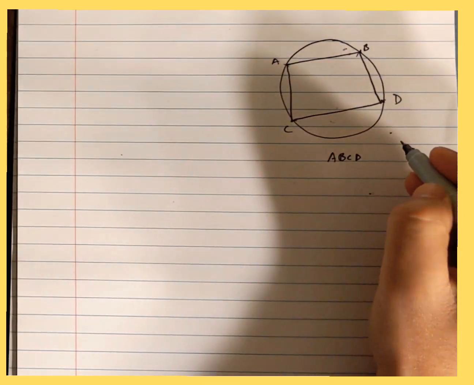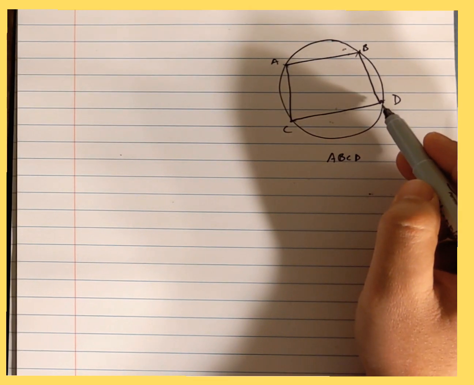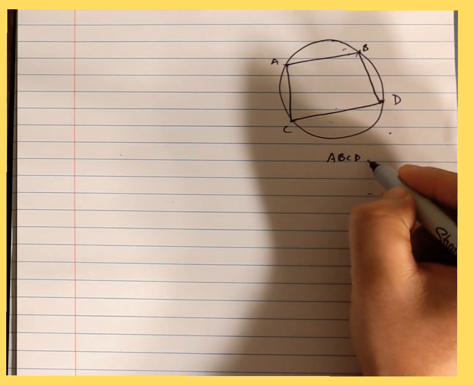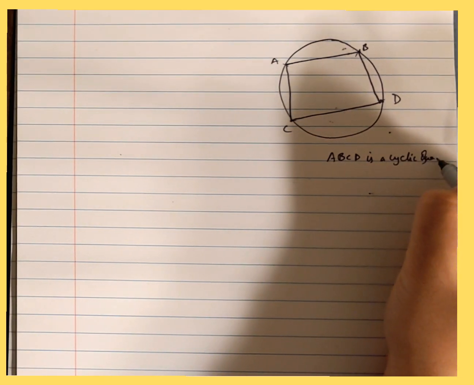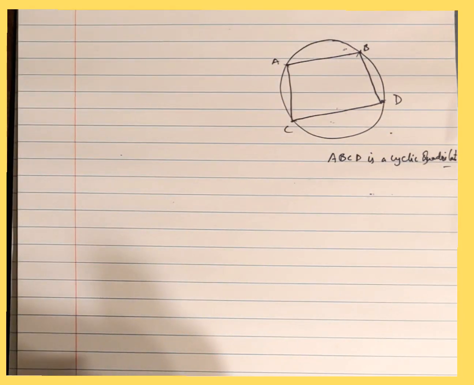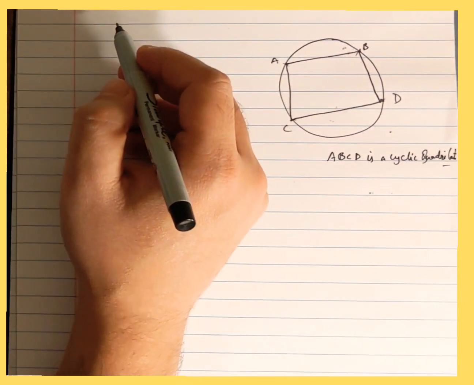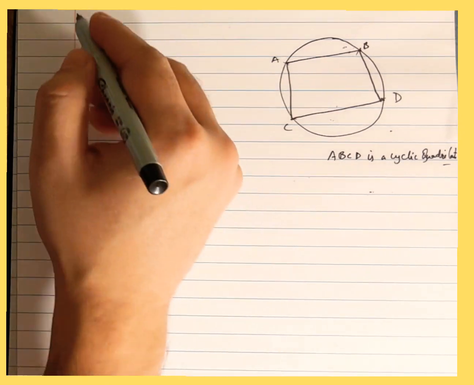It is a quadrilateral, right? But all its four vertices are lying on the circle. So this is a cyclic quadrilateral, right?